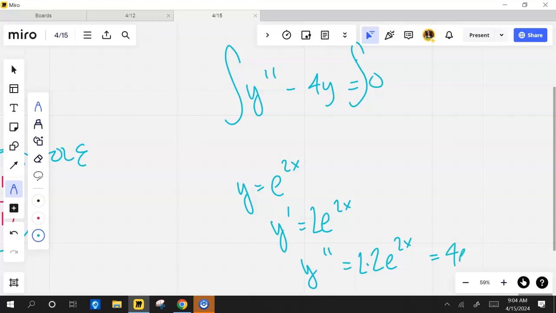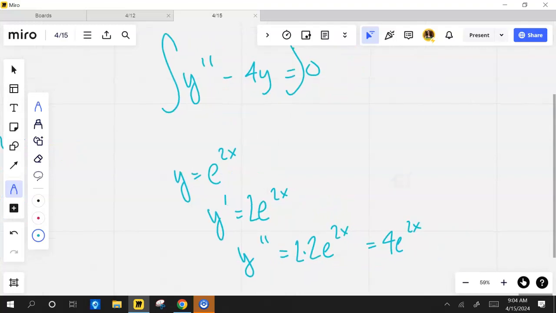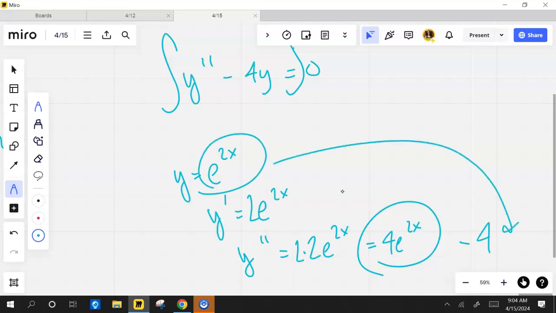So I get 4e to the 2x. And so if I plug that in, if I did second derivative minus 4 times y, would that equal 0? Yes. So this is now e to the 2x.